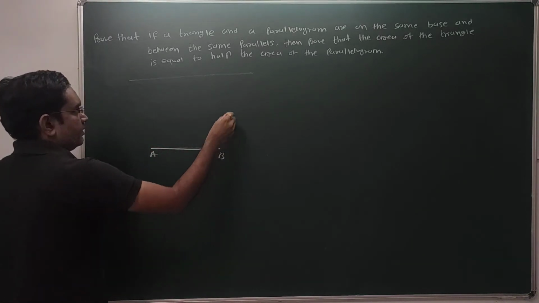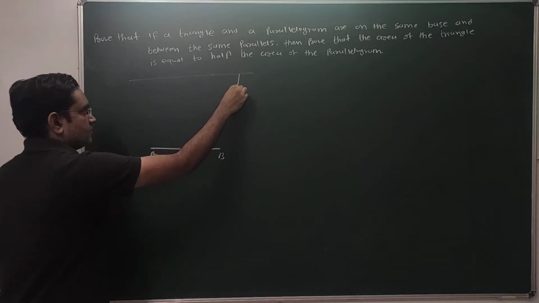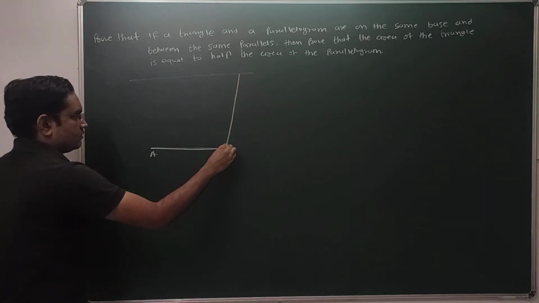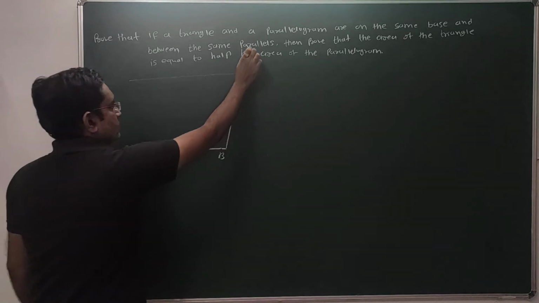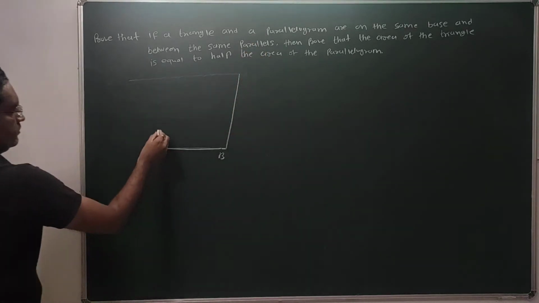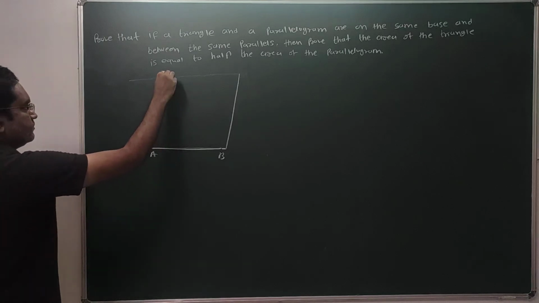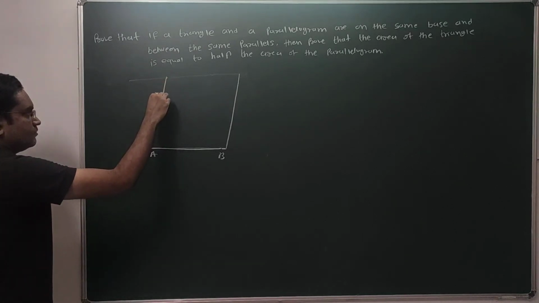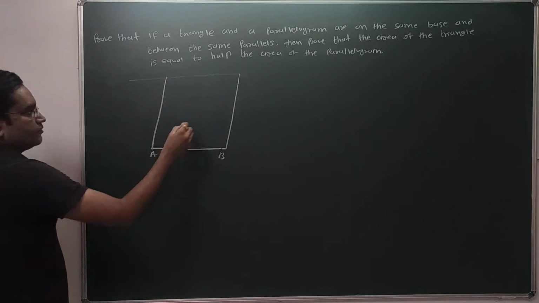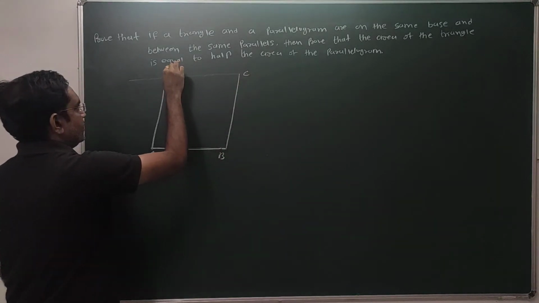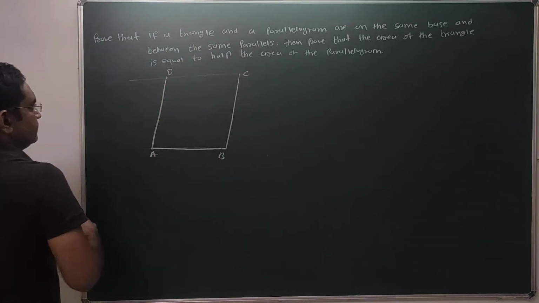Suppose parallelogram ABCD is there. So ABCD is a parallelogram and a triangle.